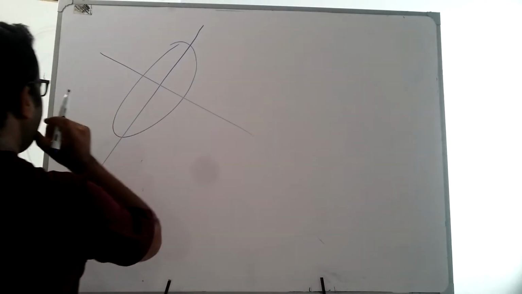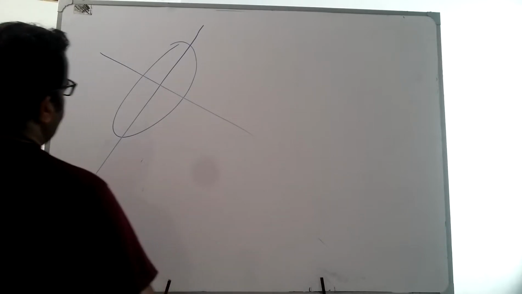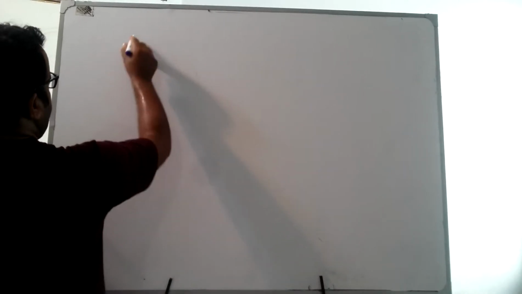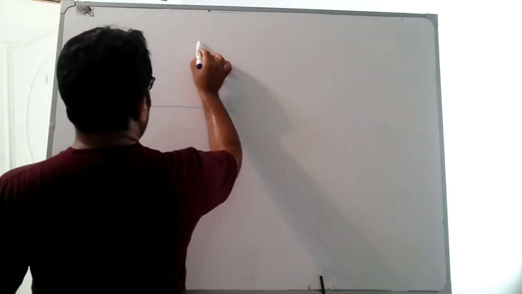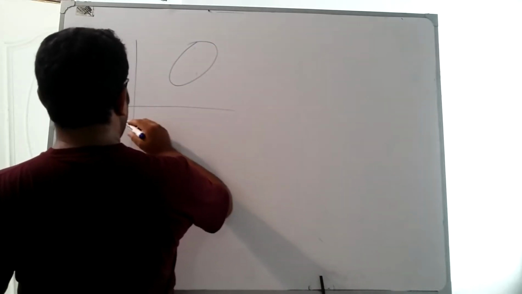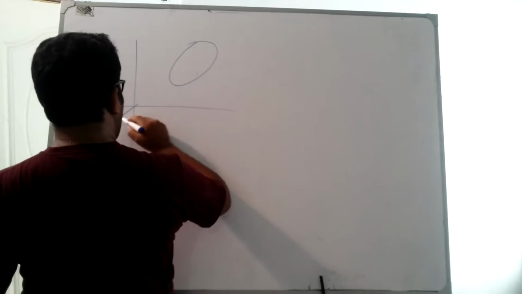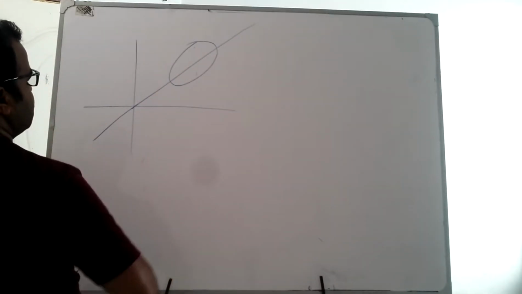Okay, these are the axes of symmetry. So it may be just like, if it lies over here, then it means that this is the axis of symmetry of the ellipse.